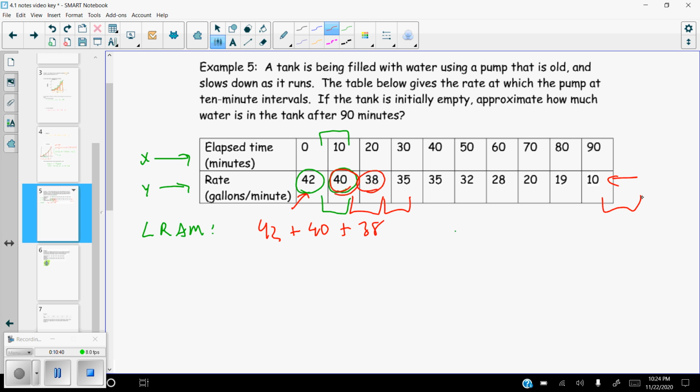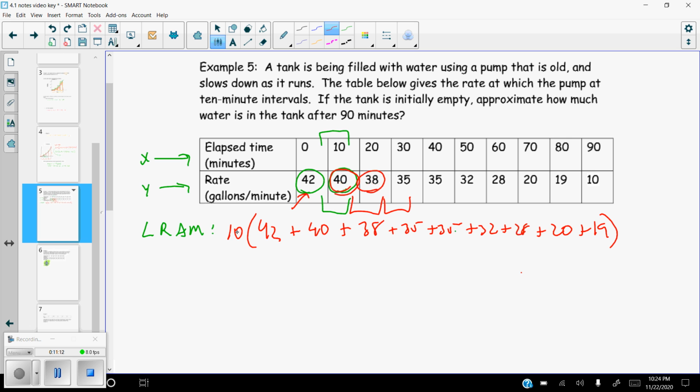So we won't use the 10 in that case. So we're going to add all of these values. And notice that I have not multiplied any of them by 10 because 10 is the base for every single rectangle. So instead of multiplying every single thing by 10, let's just have the 10 on the outside. Obviously, you could distribute the 10 through and every single piece would get multiplied by 10. But instead, we're just going to do it like this.